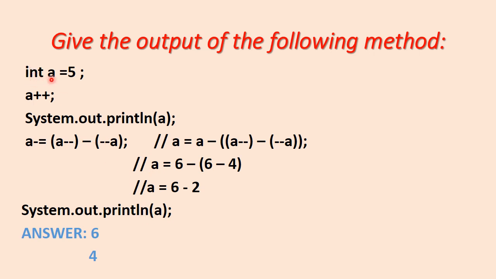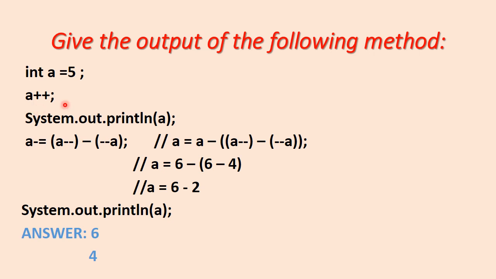So what is given? There is a variable a. It is of integer type and its value is 5. Now we will use here one increment operator, postfix type increment operator. So I have written here a plus plus. Of course it will increase the value and it becomes 5 plus 1, 6.